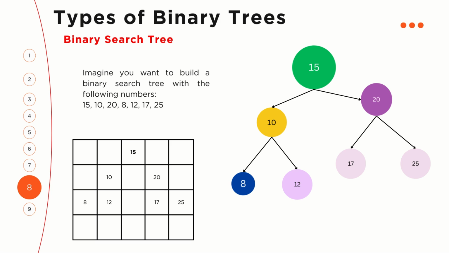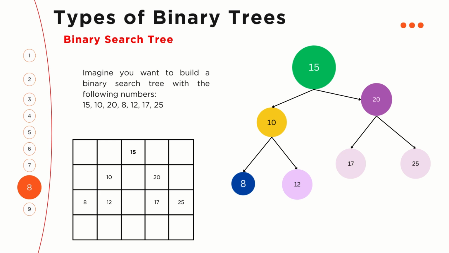Is 10 greater than 15? No. So I'm putting 10 on the left. 20 is the second number after 10. Is 20 greater than 15? Yes. So I can put 20 on my right.